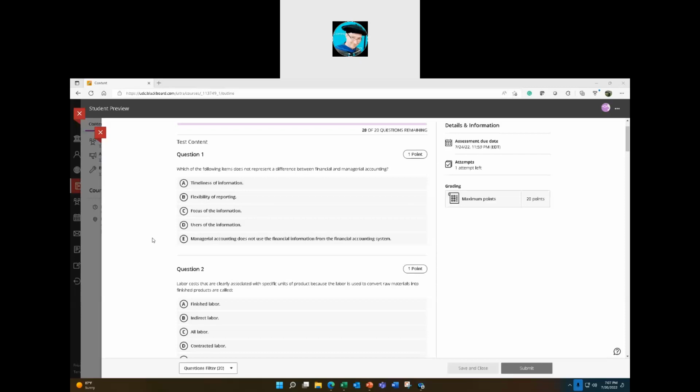It's got to be 18. Yeah, it's definitely chapter 18, I would say. Or is it 17? I think it's 18, right? So it says does not represent the difference. Be very careful reading these questions. It says does not represent the difference. So in other words, it's saying which one of these doesn't fit the difference.